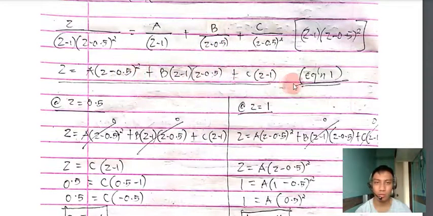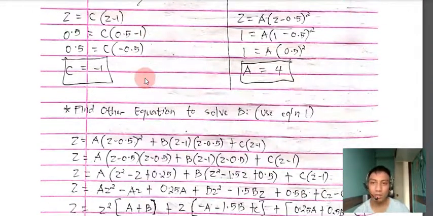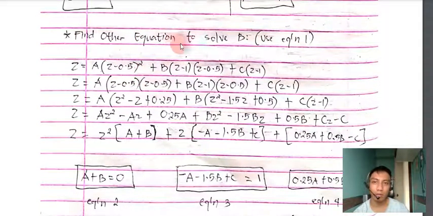Okay, so by using this equation 1, we need to expand this using simple algebra. We are just simplifying this. So find another equation to solve B. Use equation 1. So by expanding these terms, apply the FOIL method, distribute this z squared minus 0.5z times negative 0.5. Apply the FOIL method and just distribute.